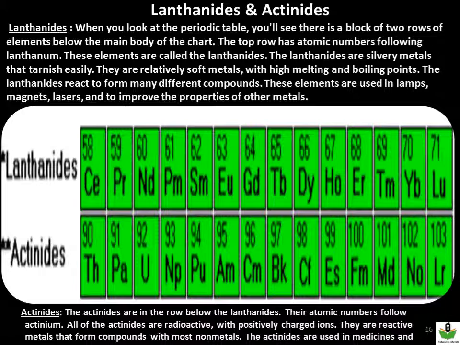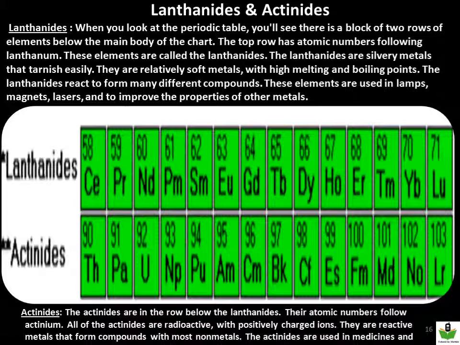Now we will discuss lanthanides and actinides. Lanthanides. When you look at the periodic table, you'll see there is a block of 2 rows of elements below the main body of the chart. The top row has atomic numbers following lanthanum. These elements are called the lanthanides.